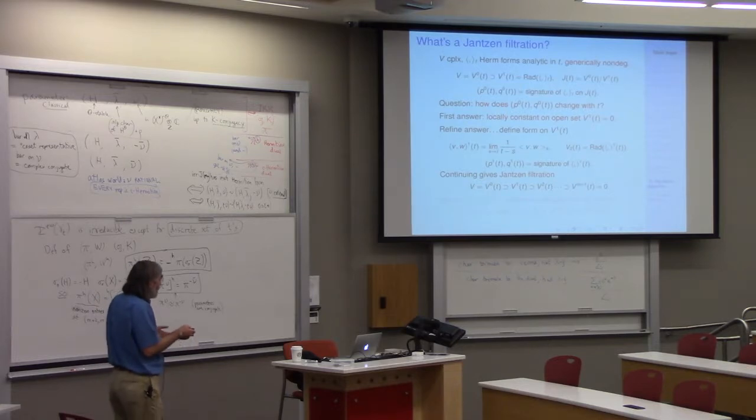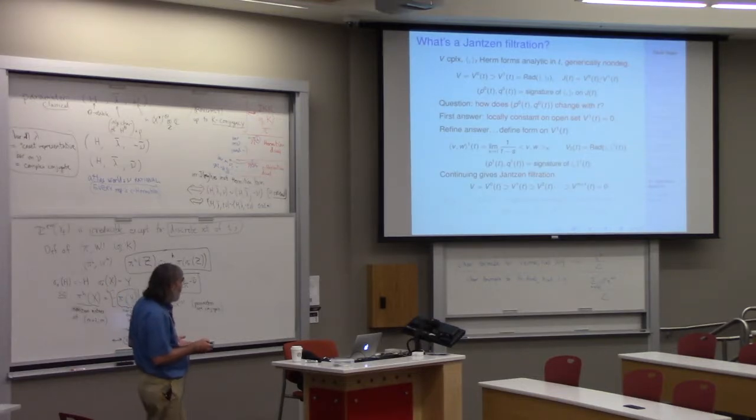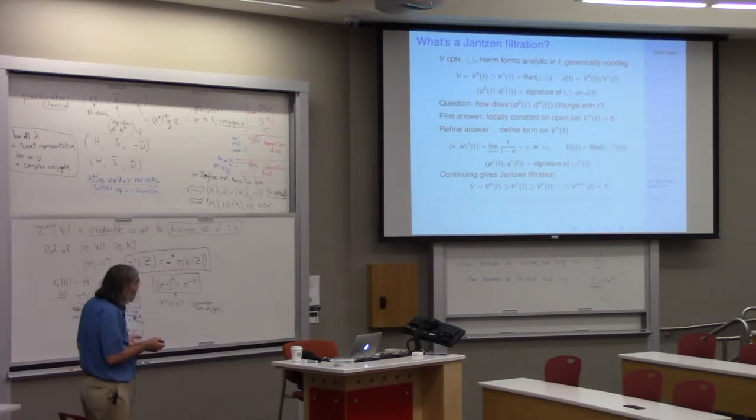You get a chain of subspaces which is eventually 0, and roughly speaking, this chain of subspaces is defined by the order of vanishing of this Hermitian form at T.